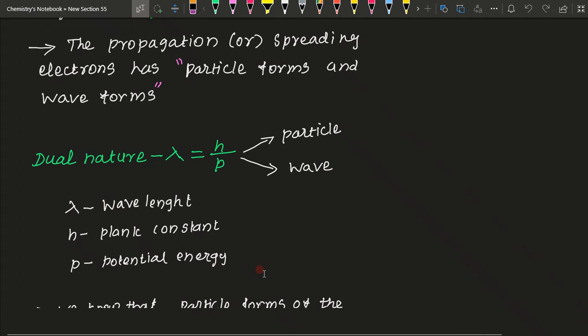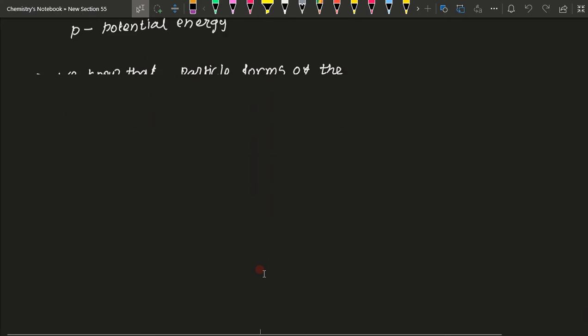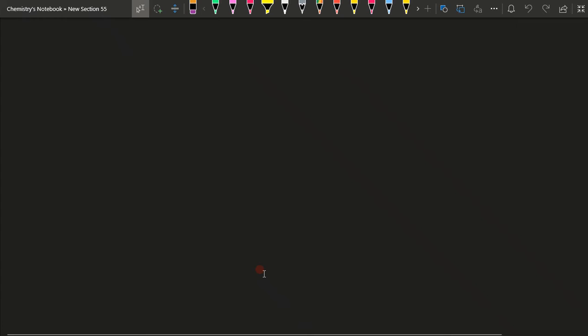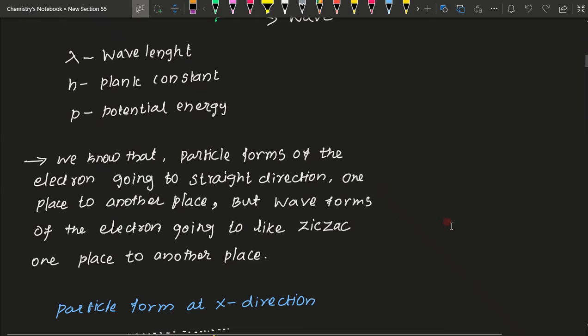Next, we know that the particle form of the electron goes in a straight direction from one place to another, but the wave form of the electron goes in a zigzag way from one place to another.